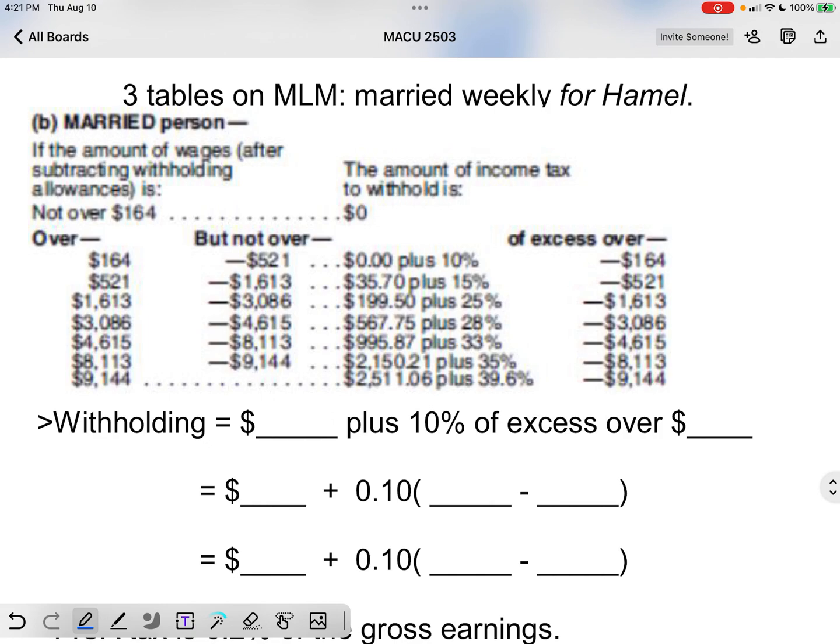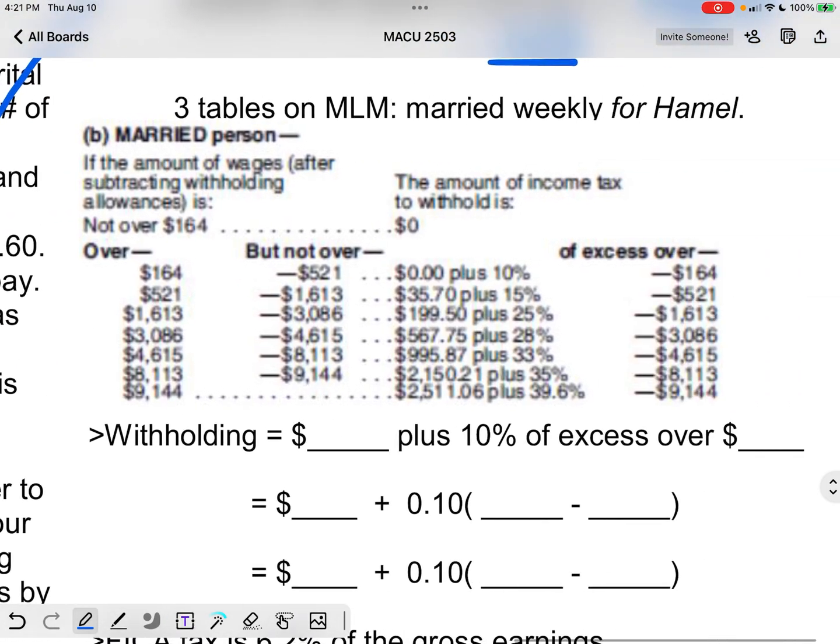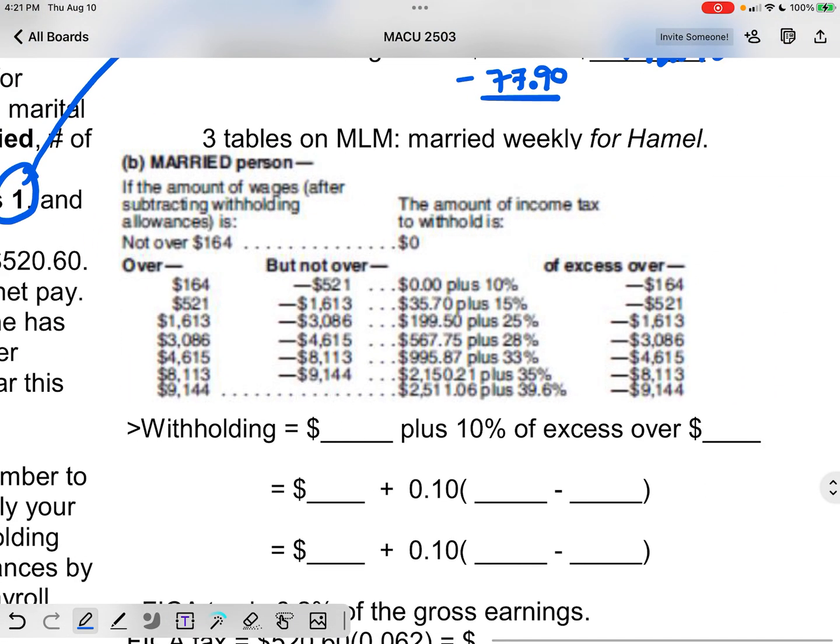Because his earnings were at $520 after the other piece, we need this 0 line right here. So he's going to be 0 plus 10% of that excess over the $164.